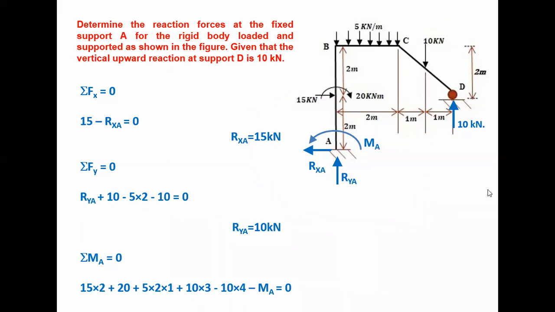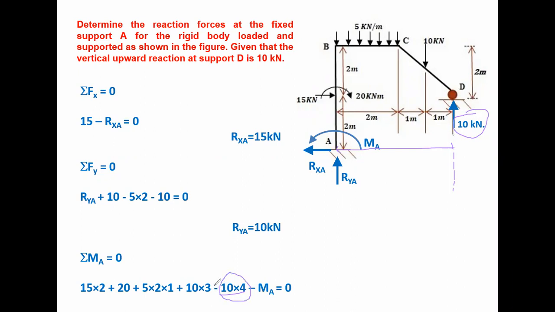Next term is 10 into 4. This 10 is acting vertically upward, and this is the line of action of this 10 kilonewton force. This perpendicular distance is 2 plus 1 plus 1, that is 4. So 10 into 4 will be its magnitude. And what about direction?